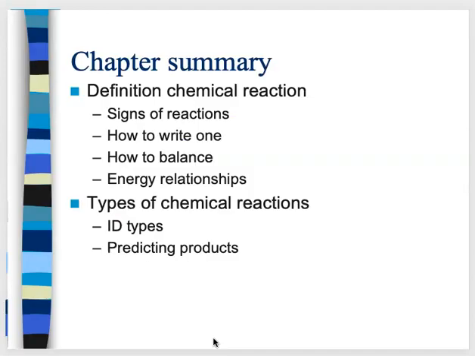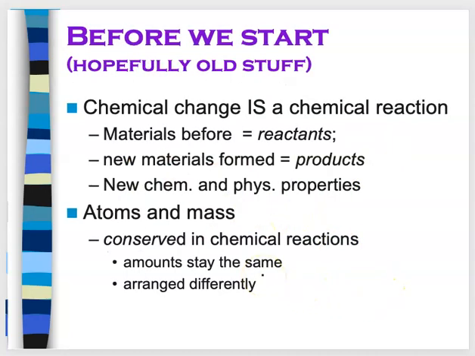A summary of what we're going to be looking at is basically the first couple of points here. We're going to look at signs of a chemical reaction, how to write a chemical reaction, and you'll look at another Edpuzzle on how to balance chemical reactions. The rest of that we will be doing at a later point in time.